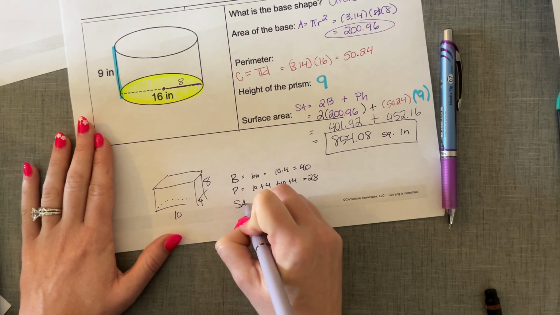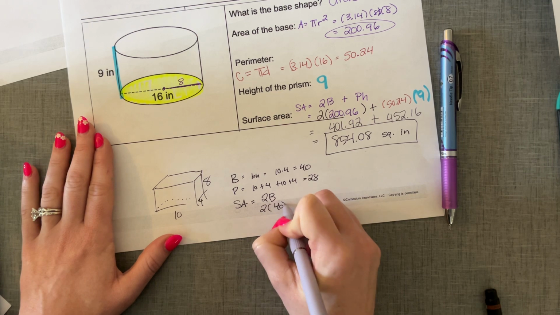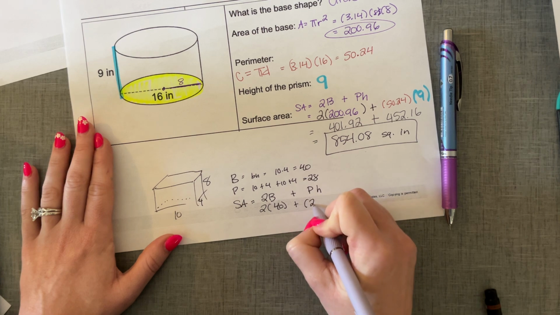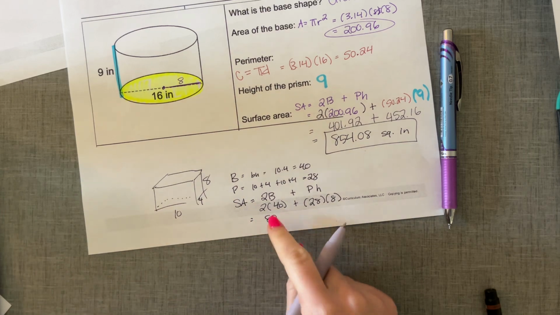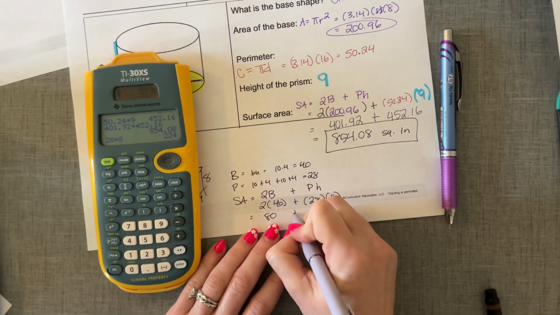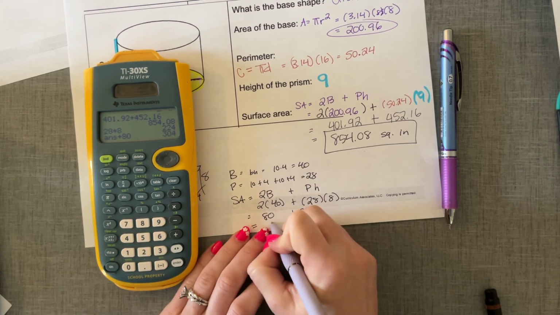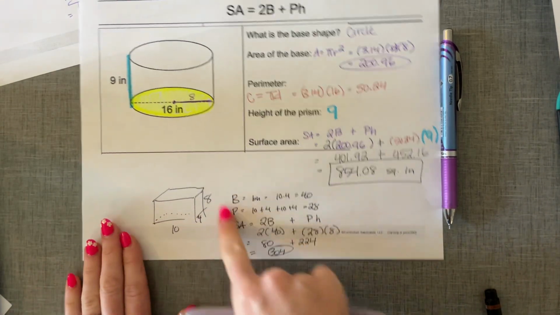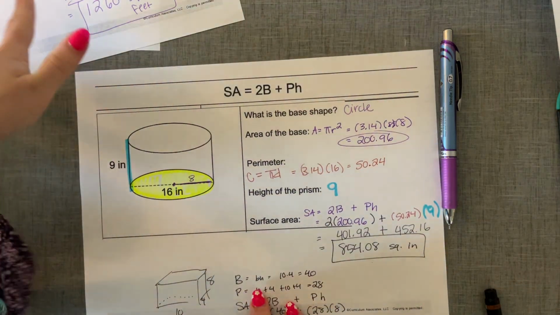So the surface area would be 2 of the base, so 2 sets of 40, plus the perimeter times the height. The perimeter is 28, the height is 8. 2 times 40 is 80. It would be 304. Okay, so it works the same way. Just, that's not in your notes, just a quick example, because we only did cylinders and triangles this way.